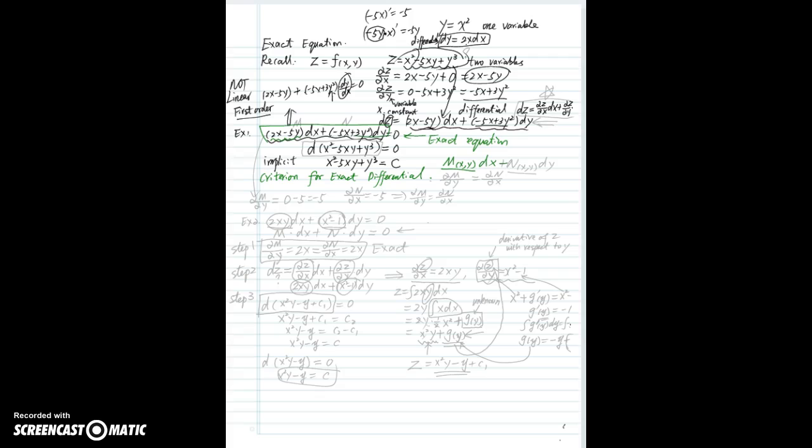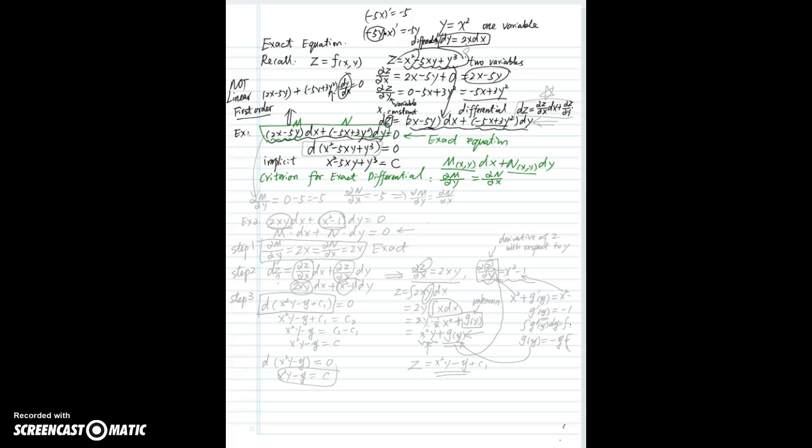And we call the function in front of dy n. So this is our m function, this is our n function. What we need to check is to make sure the partial derivative of m with respect to y equals the partial derivative of n with respect to x. So this is the criteria.